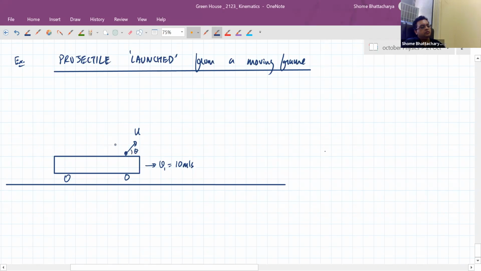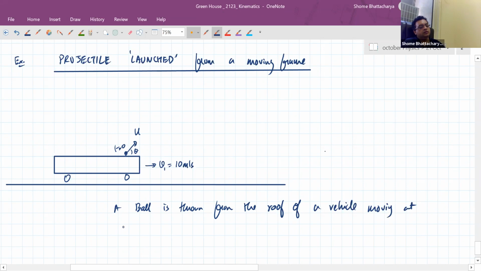So a ball is thrown from the roof of a vehicle moving at a uniform speed v1 equal to 10 meters per second.